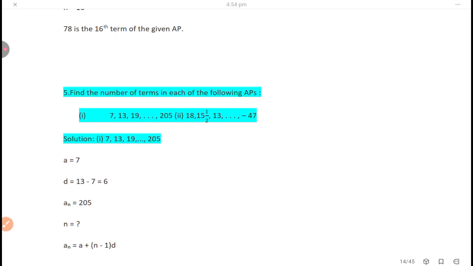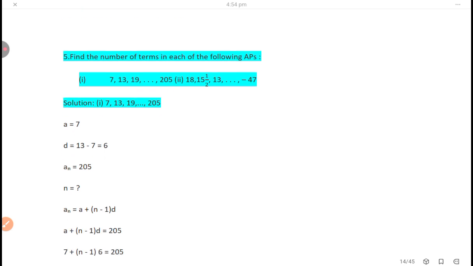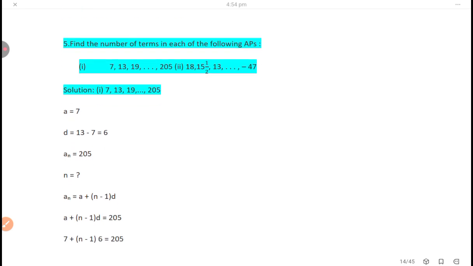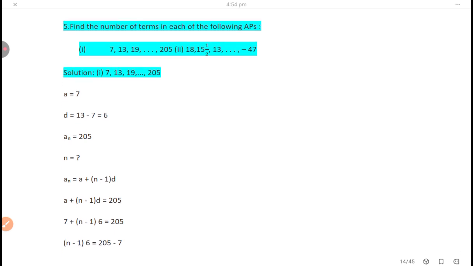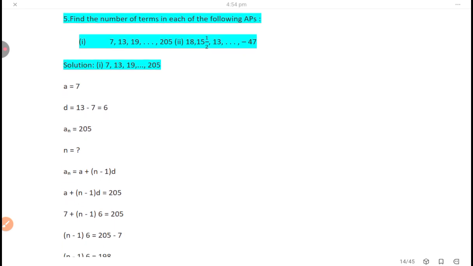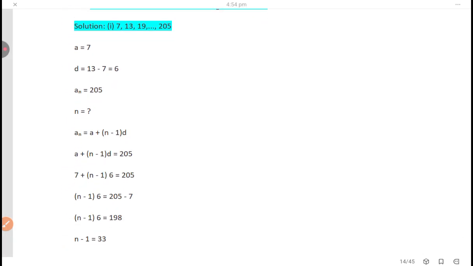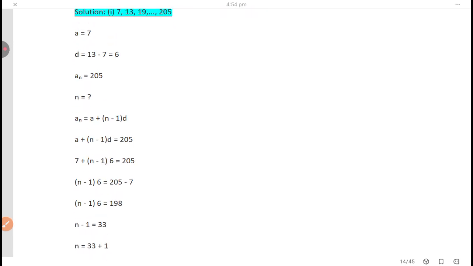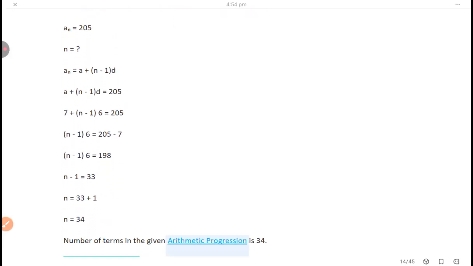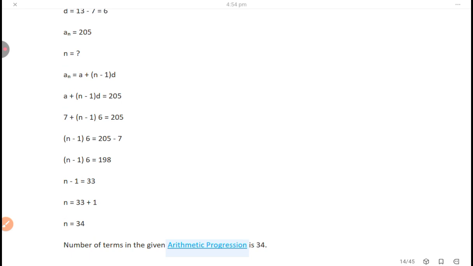Find the number of terms in each of the following APs. 7, 13, 19, and so on up to 205. Here a is 7, d is 6, an is 205. So you have to find the number. So number of terms in this AP is 34.